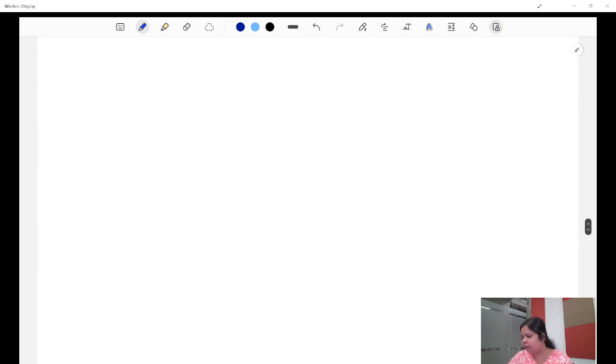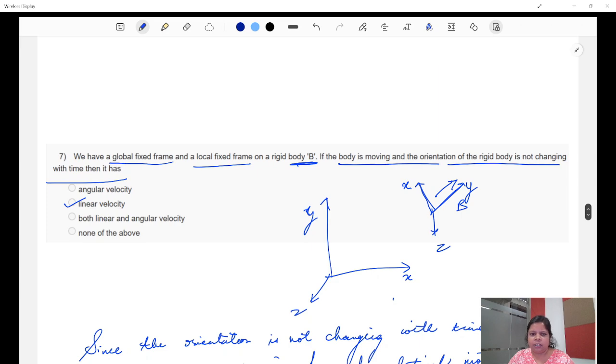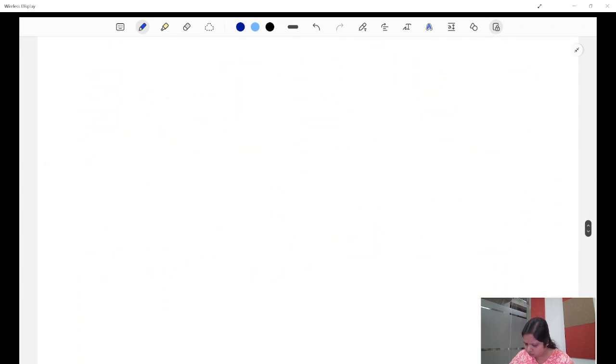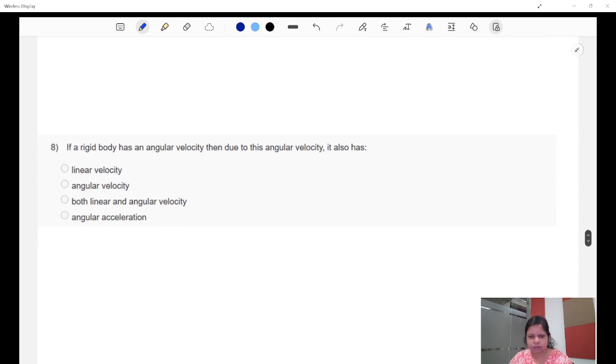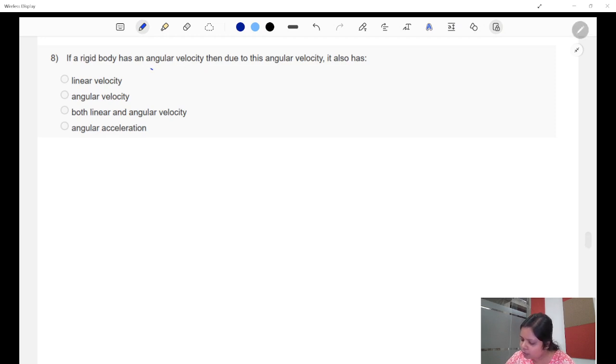It is basically a similar kind of question to the one we saw here, that we have a global fixed frame and a local fixed frame on the rigid body B. Okay, so if a rigid body has angular velocity, then due to its angular velocity, it also has what? Does it have linear velocity also? Does it have just angular velocity, or does it have angular acceleration? That is the question we are asking.